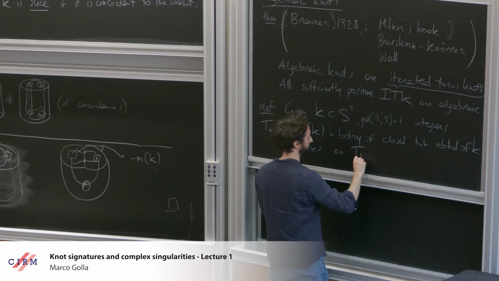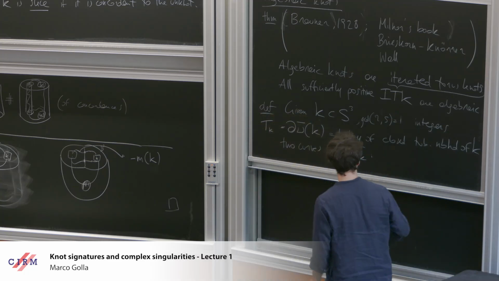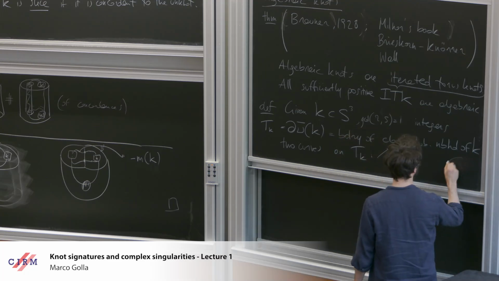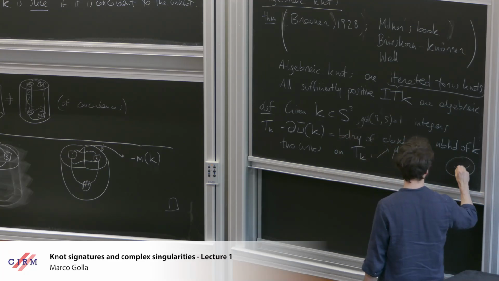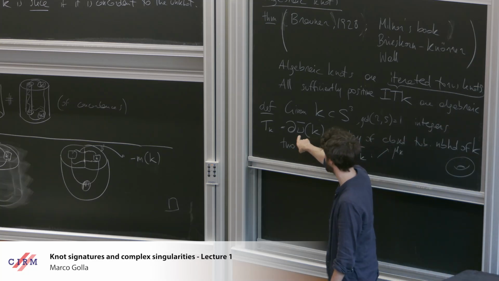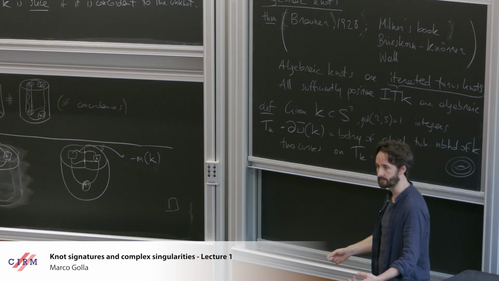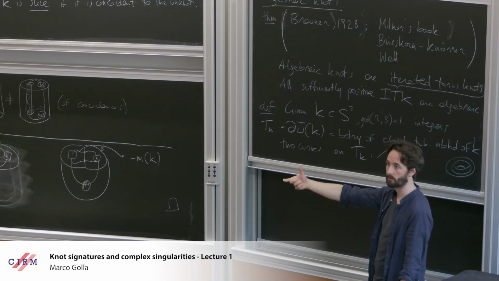On T_K, I have one that is the meridian of K. So what is T_K? T_K is the boundary of a solid torus that is embedded in S3, whose core is the knot.